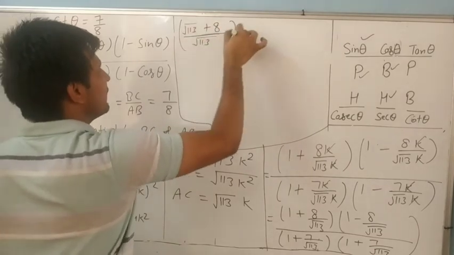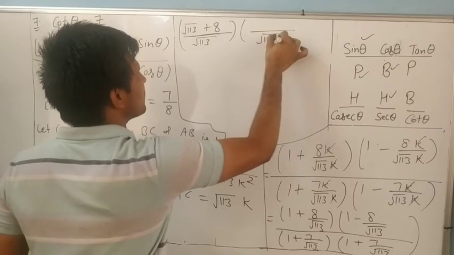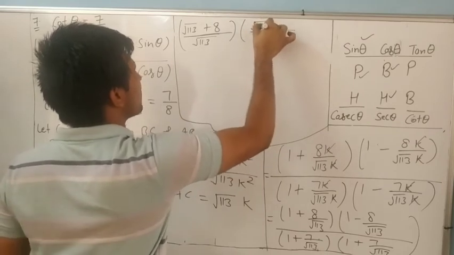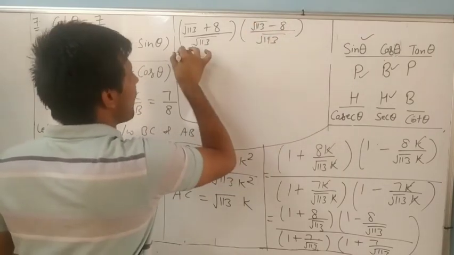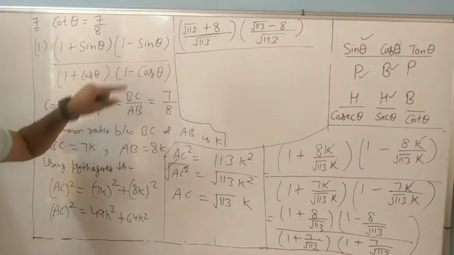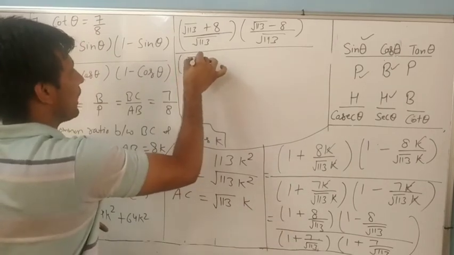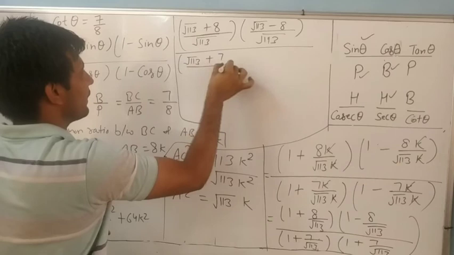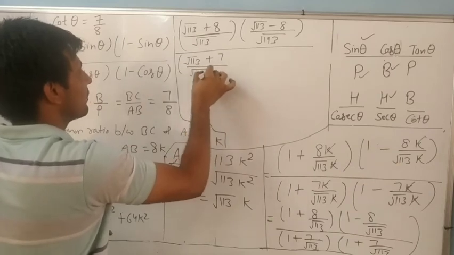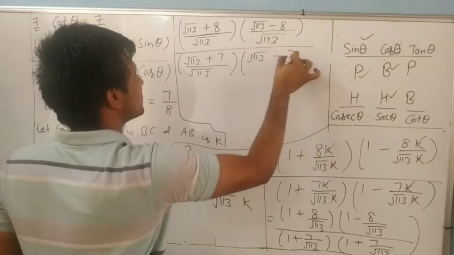Next it becomes minus only. Nothing is changed: root 113 minus 8. Now the bigger sign, it is divide, or not? Okay, divide. Now it becomes root 113 plus 7 divided by root 113, into root 113 minus 7.